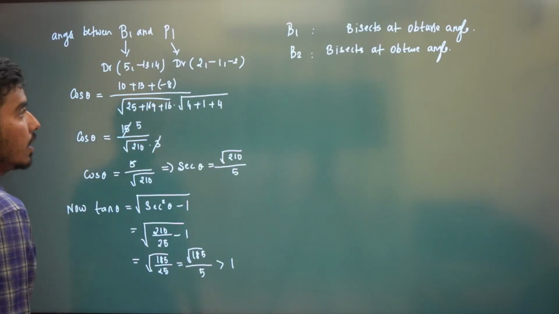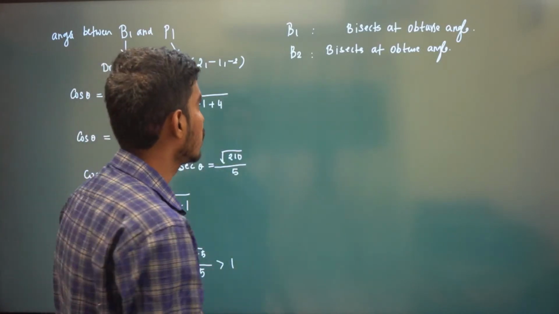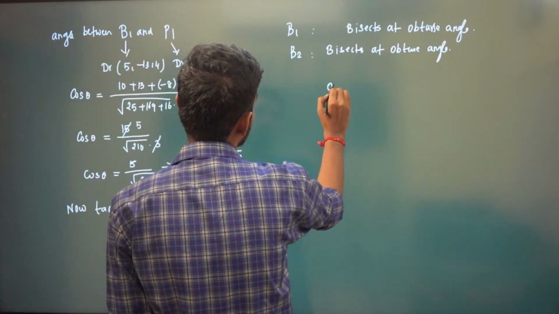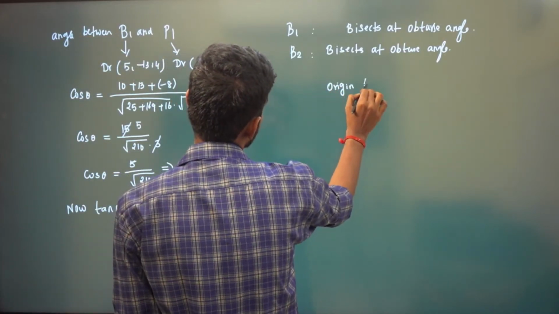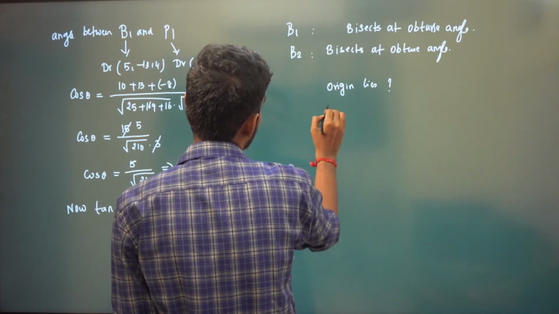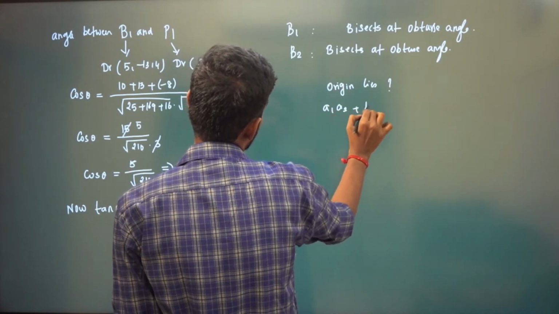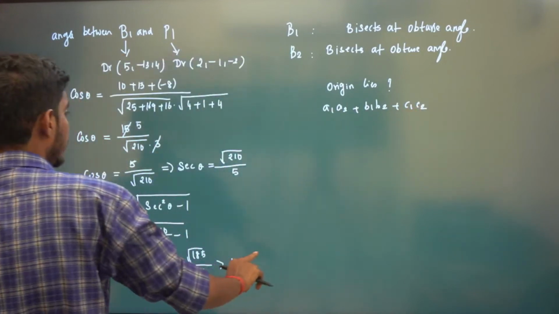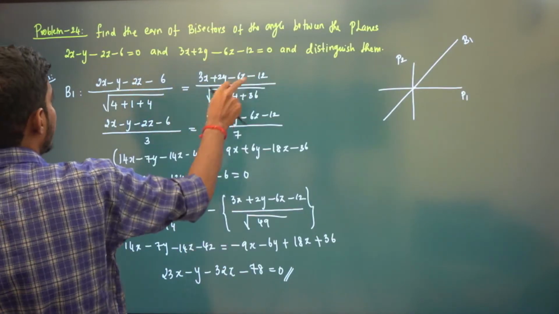Is it clear? And where origin lies? Origin lies in acute angle or obtuse angle? You just find the value of A1 A2 plus B1 B2 plus C1 C2. Now what is A1, A2? This is A1, B1, C1, A2, B2, C2.